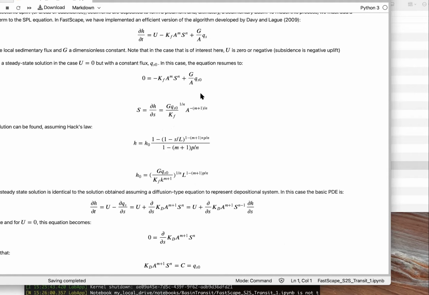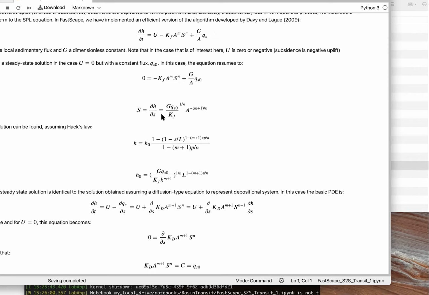At some point, the flux that's coming from the mountain will be equal to the flux coming out to the ocean, and I will have built a sedimentary fan, a sedimentary system. According to that equation, I can predict steady state. When everything has reached a steady state solution, I can calculate the shape of that fan. Okay?